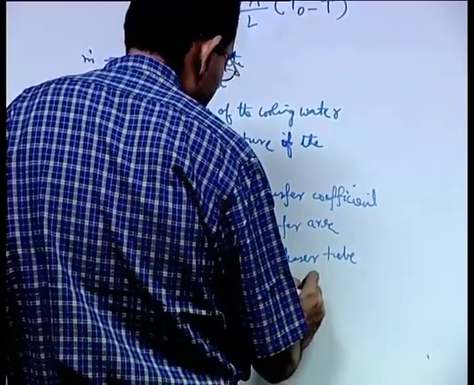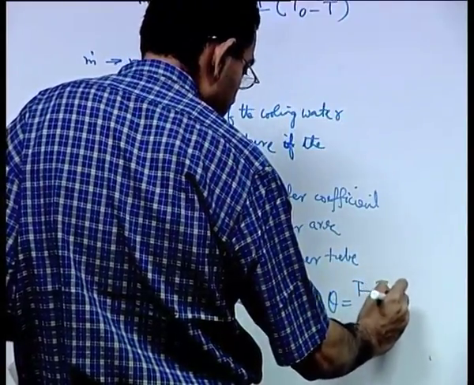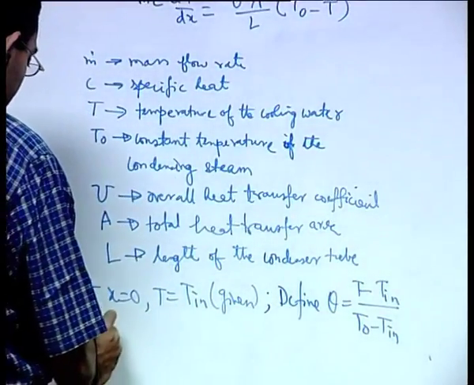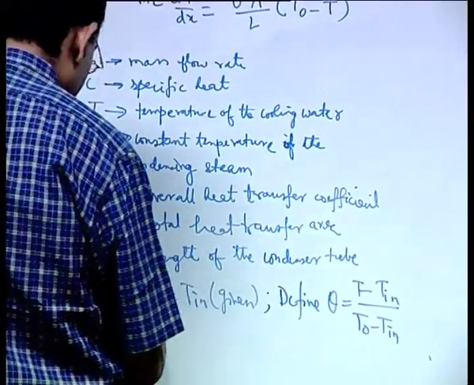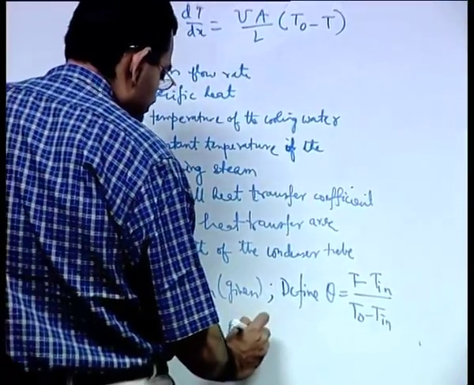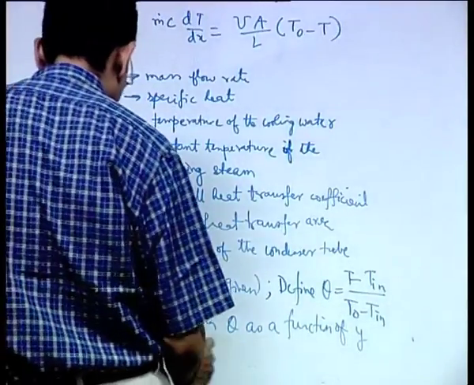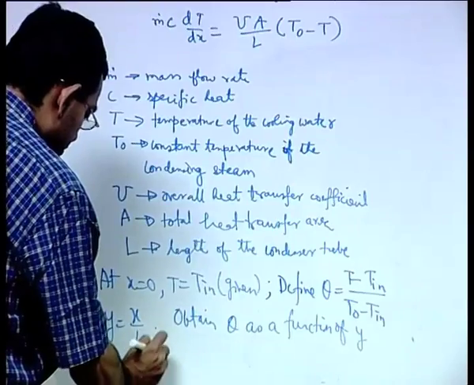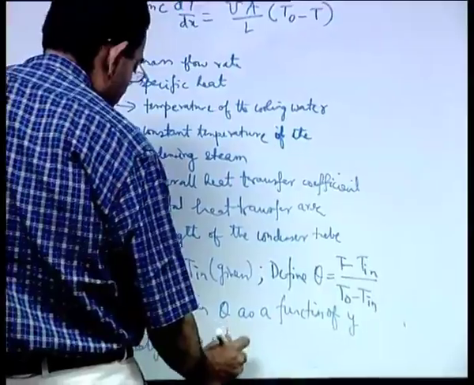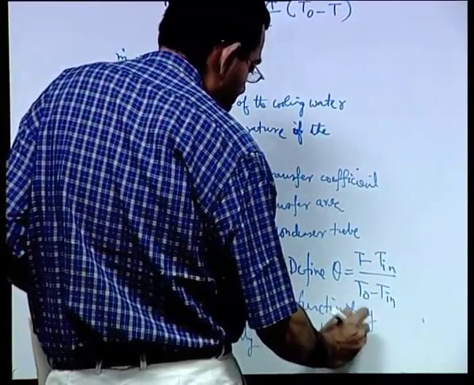Then define a non-dimensional temperature theta equal to T minus T in by T0 minus T in, and a non-dimensional length y equal to x by L. Obtain theta as a function of y numerically, taking only 5 grid points using upwind scheme.